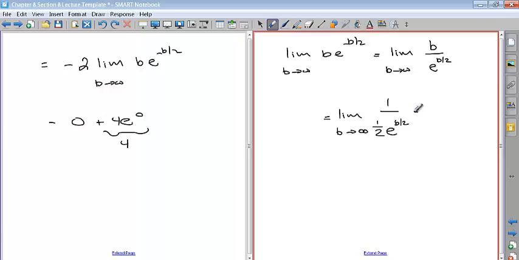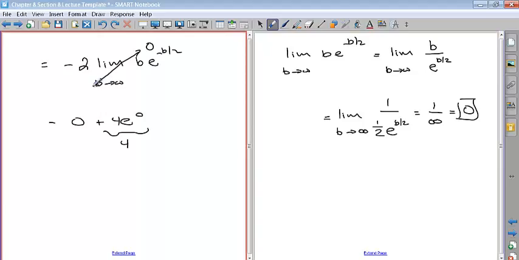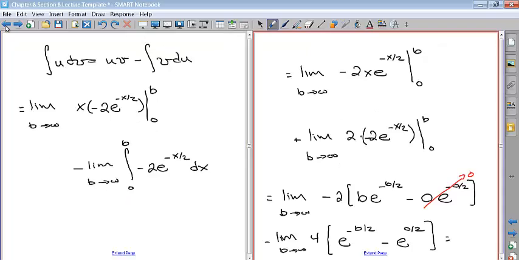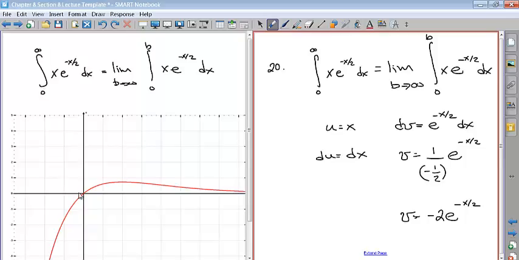And now you can see if I take the limit as b goes to infinity, you get 1 over infinity, which is 0. So this part here is negative 2 times 0, it's 0. So the final answer is just the one term that remains, which is the last term. And so you get 4. So that's the area underneath this curve from here to there.